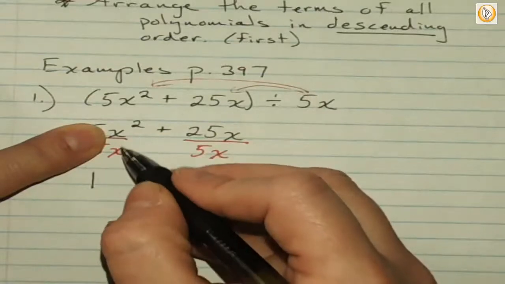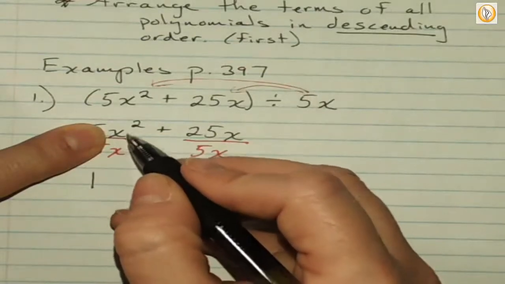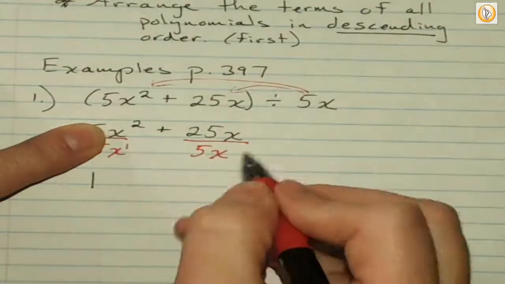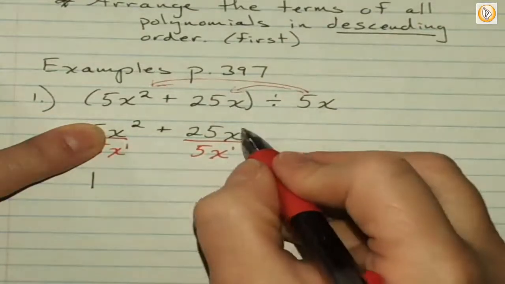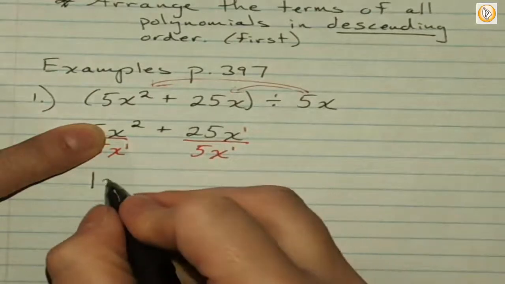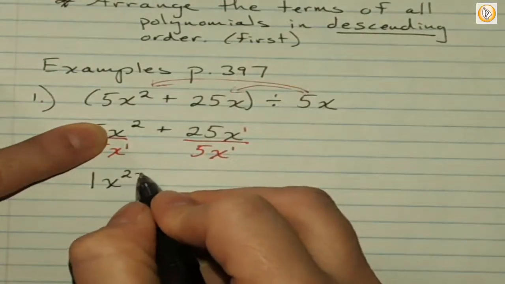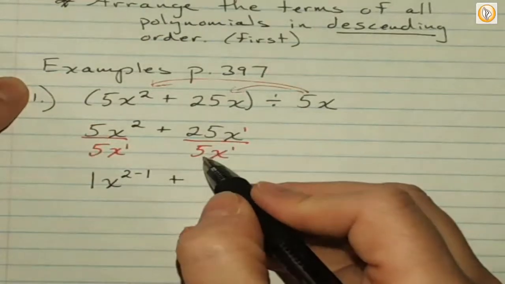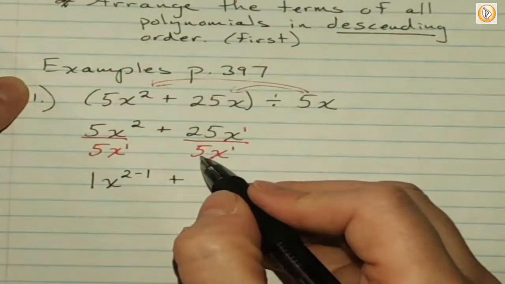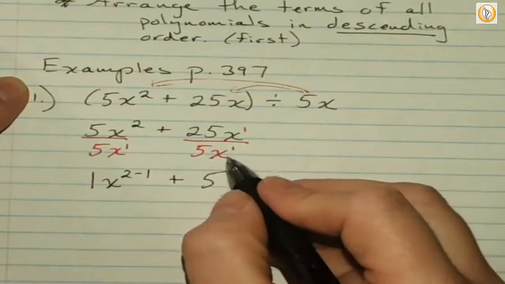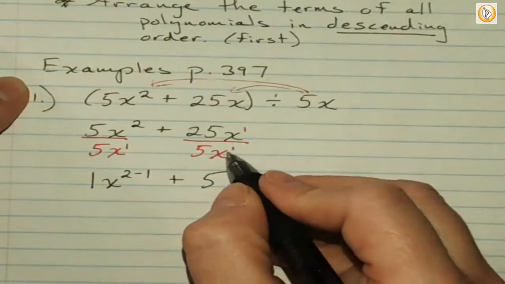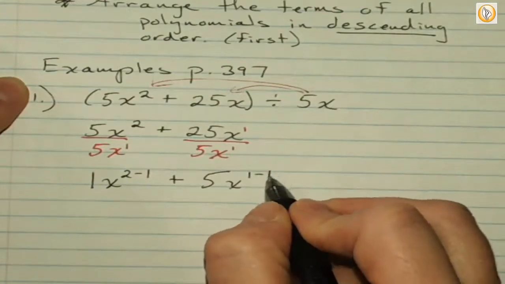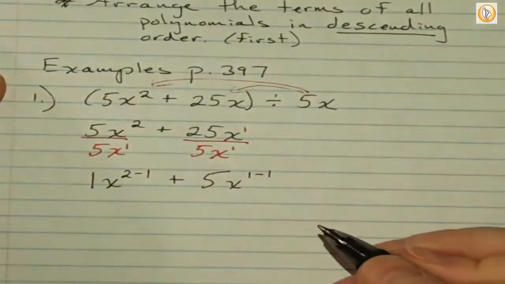Subtract. That's right. So we pretend this is a 1, and this would be a 1. So then it's x to the 2 minus 1 plus, Cecilia, what's 25 divided by 5? 5. And we have x and x, so that would be 1 minus 1, right?